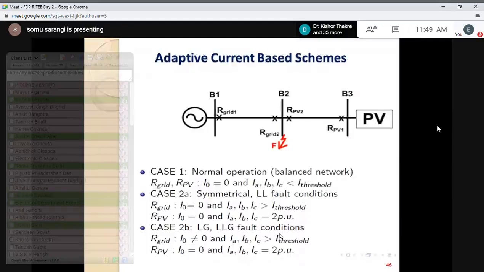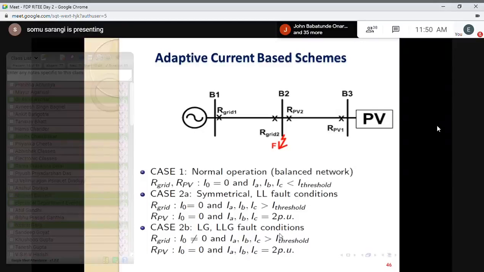Then case 3: we have a line to ground fault and a double line to ground fault. In this case, if it is from the grid side, then I0 is not equal to 0; if from the PV side, I0 is equal to 0.